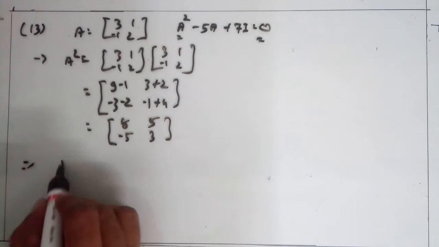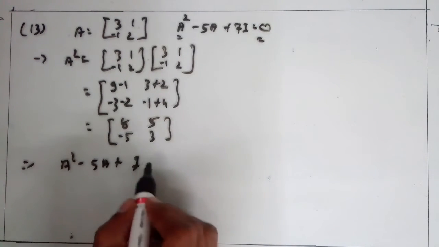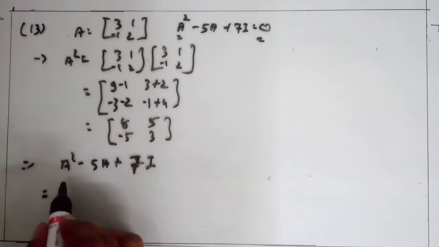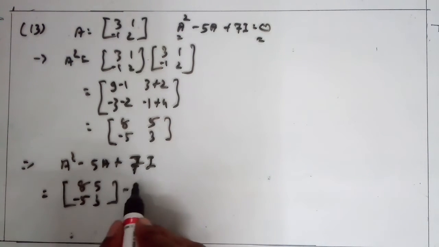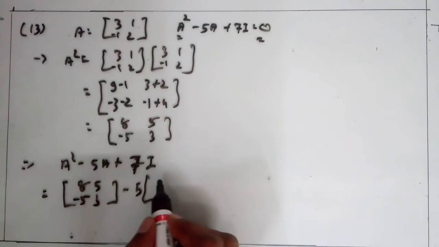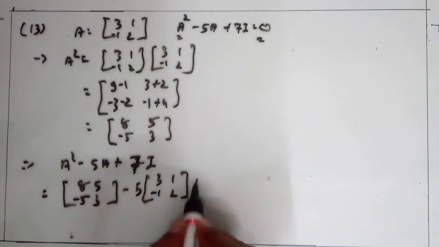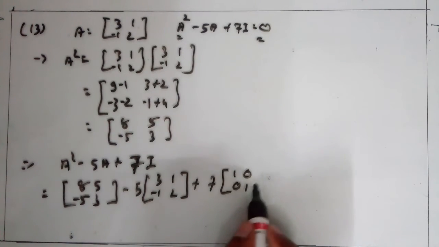Clear? Therefore, A square minus 5A plus 7 into I: A square is equal to 8, 5, minus 5, 3, minus 5 into A, which is 3, 1, minus 1, 2, plus 7 into I, 1, 0, 0, 1.